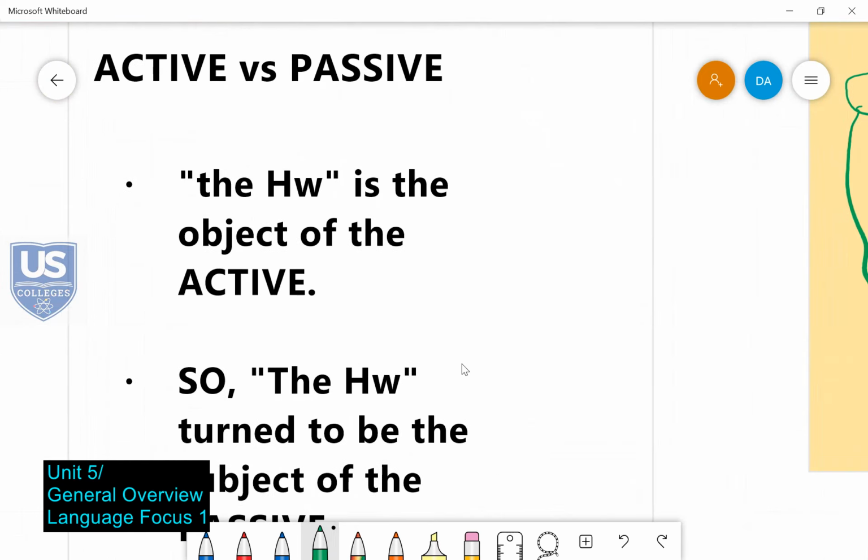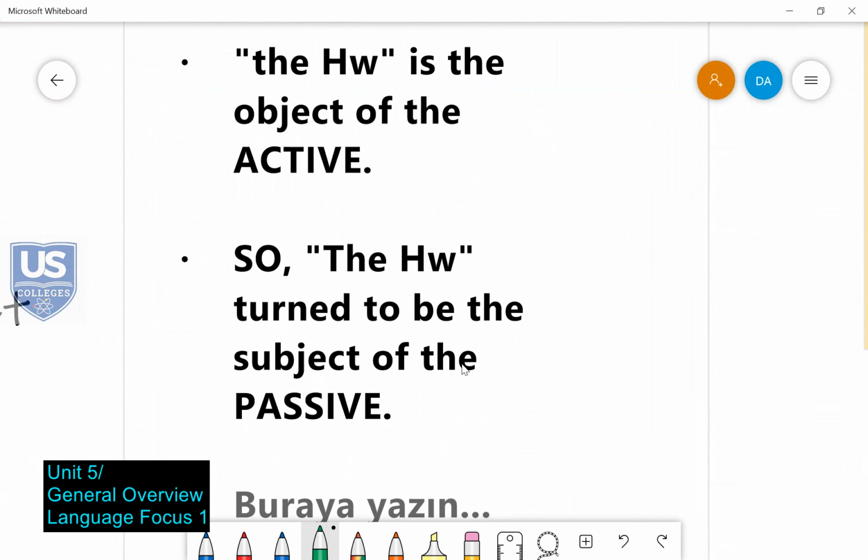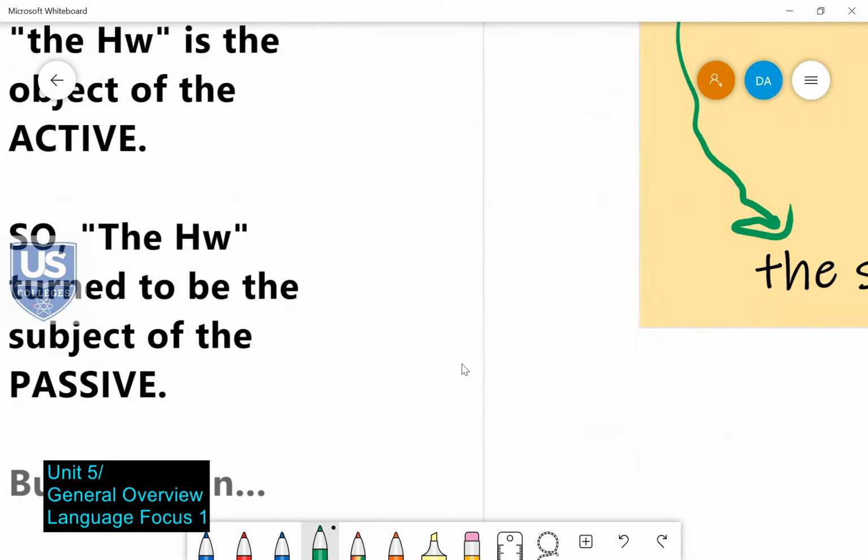So let's take a closer look. The homework, which is in small case, is the object of the active. So the homework, which is now capitalized, turned out to be the subject of the passive. Okay, these parts are very important.